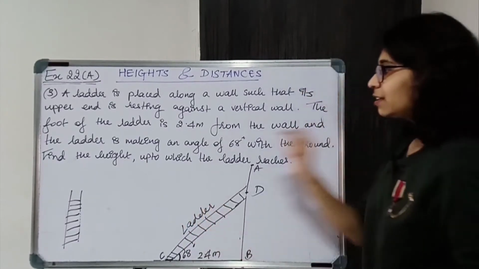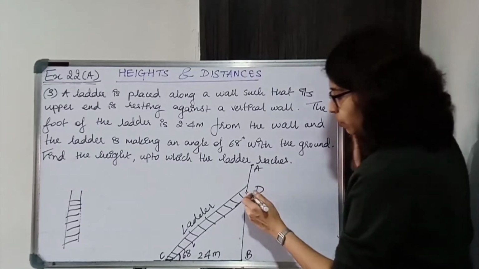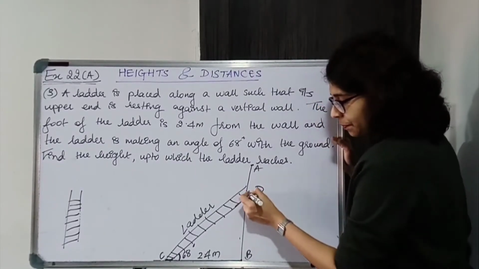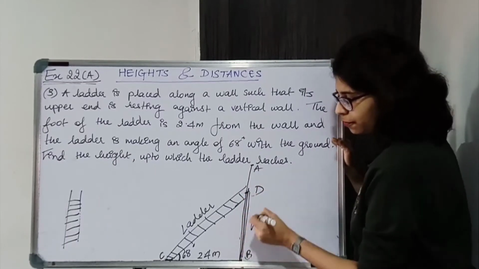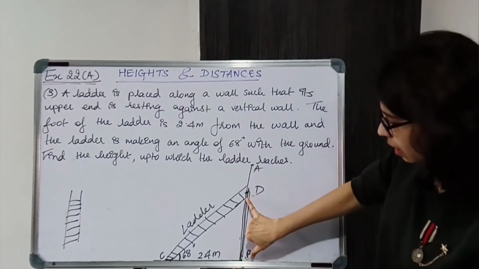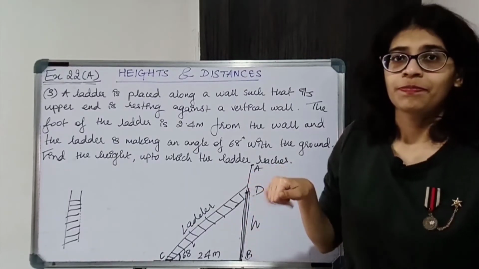We have to find the height up to which the ladder reaches. The height up to which the ladder reaches, okay, let it be D. So DB we need to find. Not the height of the wall, the height up to which the ladder reaches.